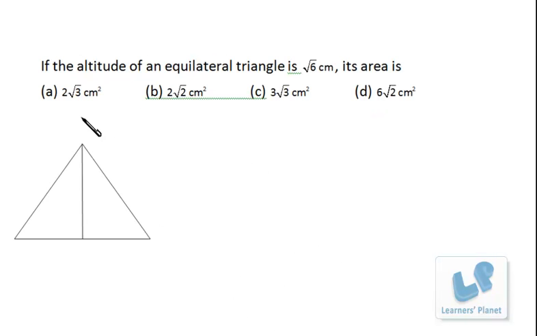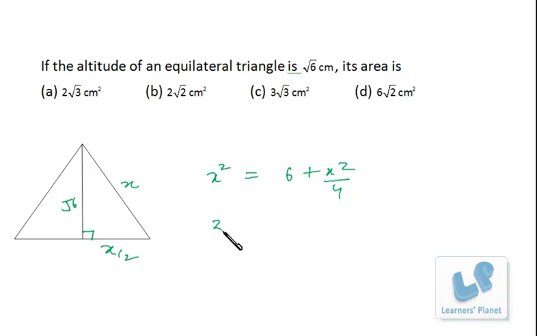Now let's see this question. If the altitude of an equilateral triangle is root 6 centimeter, its area is? First of all, we have to find out the side of this equilateral triangle. Since all three sides are the same, we can take this side as x. This altitude's length is given to us as root 6, and definitely this altitude is bisecting this side. So this complete side is x, and this will be x by 2. Now these three sides are forming a right angle triangle, so we can apply Pythagoras theorem. x square is equal to 6 plus x square by 4.